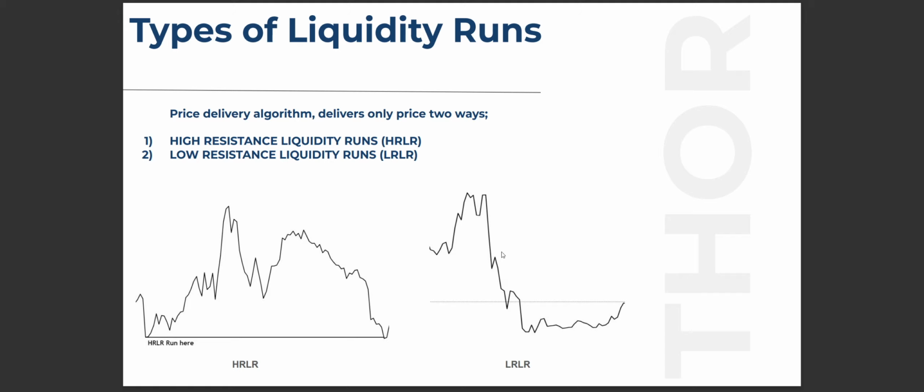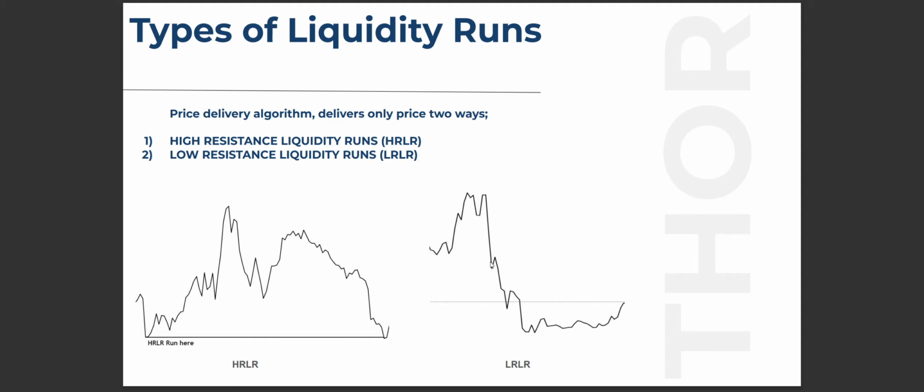So if it wants to get back up to the highs again, it'll require way too much fuel for the market to get up there, because it is going to be encountering a lot of resistance. So it'll just keep going lower and lower, using this previous range to seek an old low, old high, or whatever the case is, drawing liquidity, and it'll come in the form of a low resistance liquidity run.